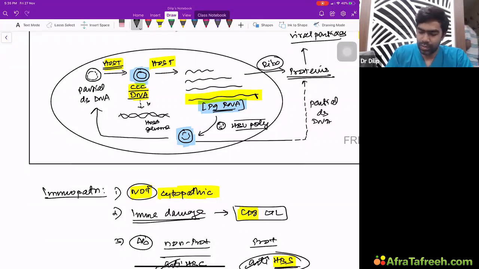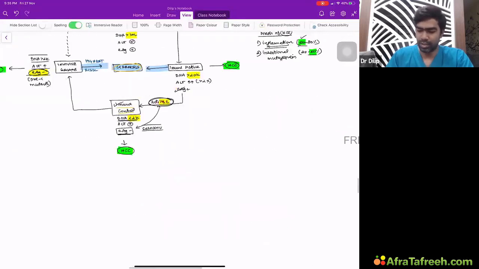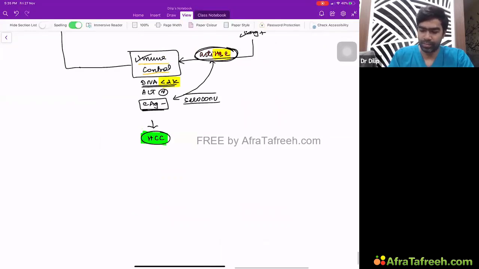This is what we refer to as viral integration with the host DNA. This is a natural process of many viruses. So this integration is basically error prone, and it can induce mutations in the host DNA. That's what we refer to as insertional mutagenesis, and that's one of the main reasons for development of hepatocellular cancer in reality. So they develop HCC.